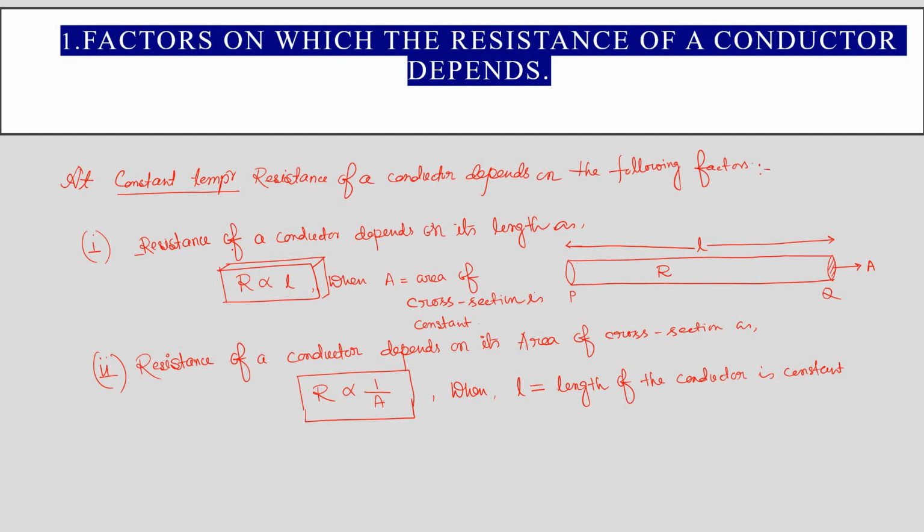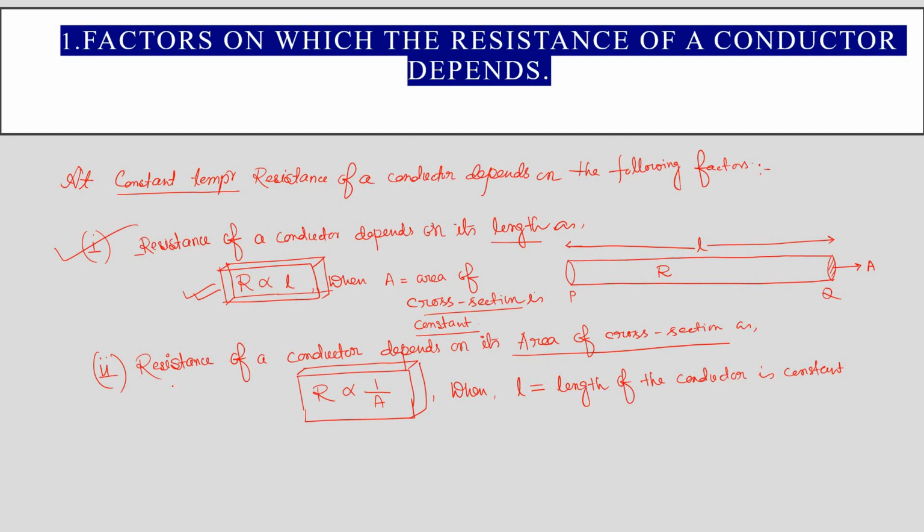So what we learned is that resistance of a conductor depends on two factors. First one is the length, second one is the area of cross section. When area of cross section is constant, then resistance of the conductor is proportional to its length.